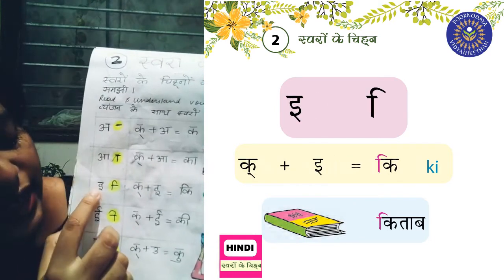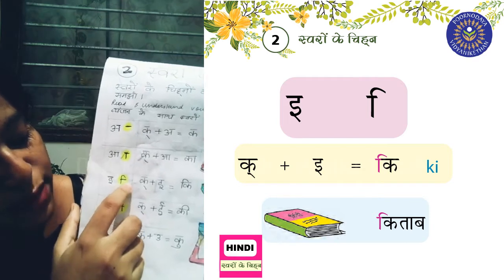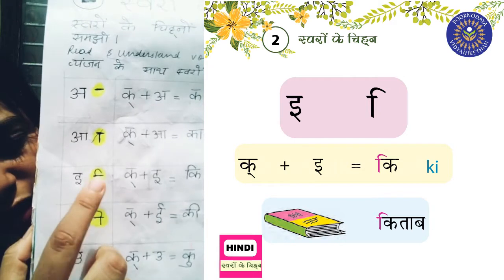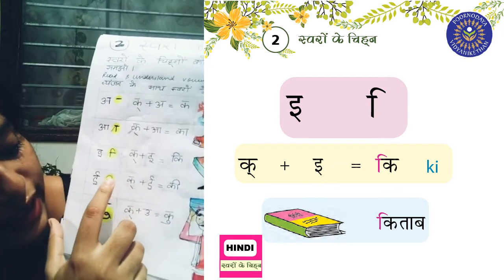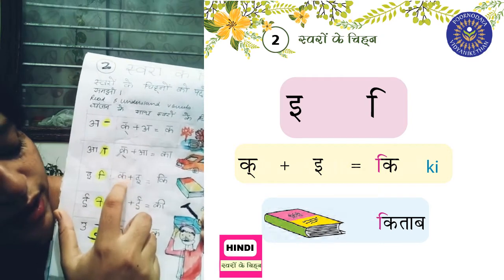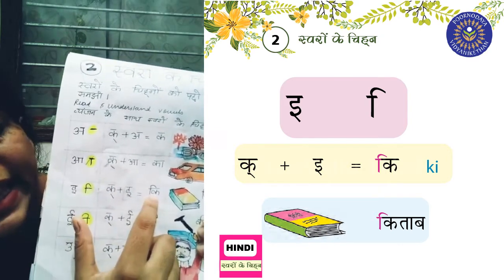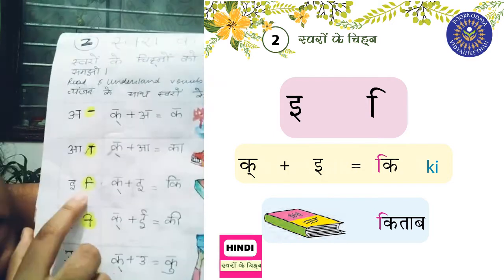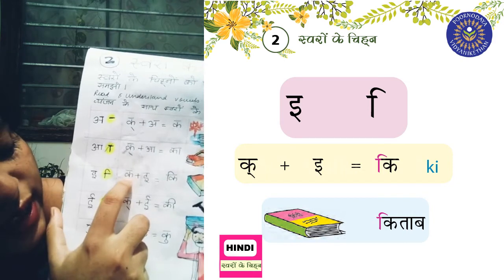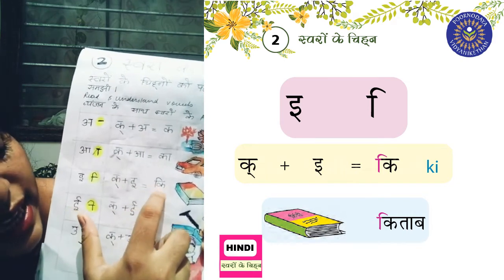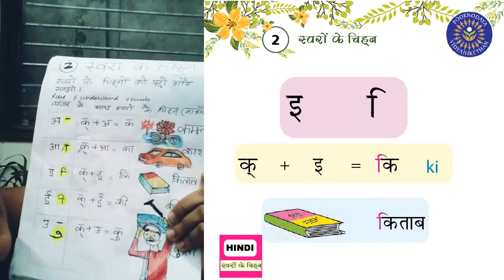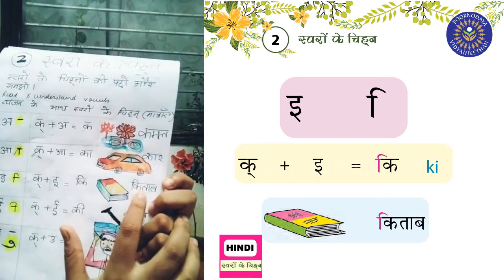Now the small e matra. E matra is like this. When you combine small e matra with ka, ki is formed. It's a small e matra, placed on the left-hand side, like kitab.